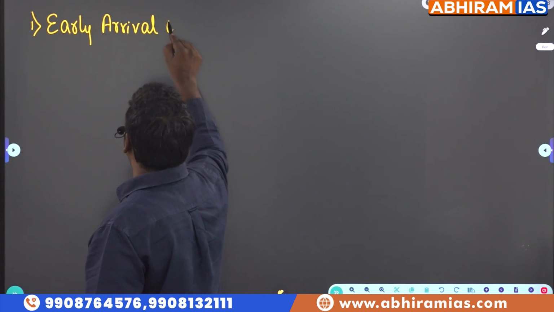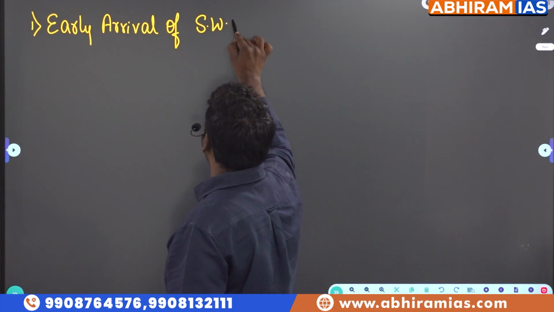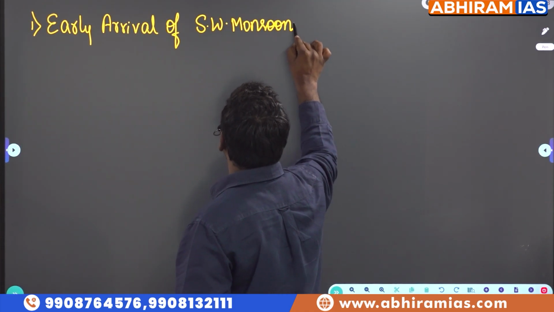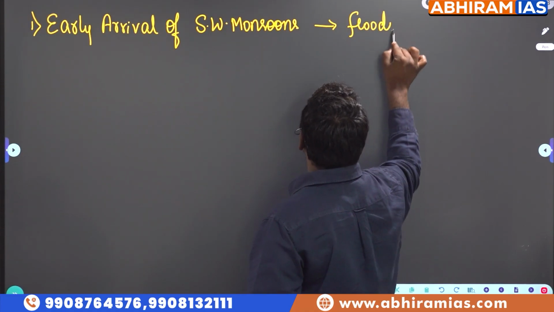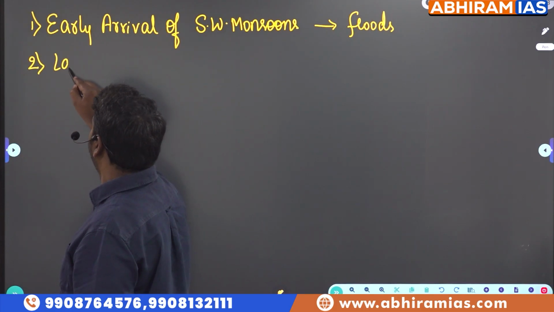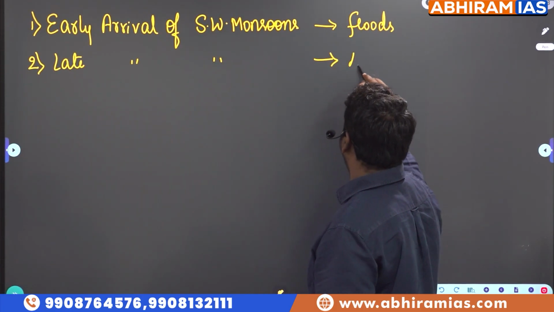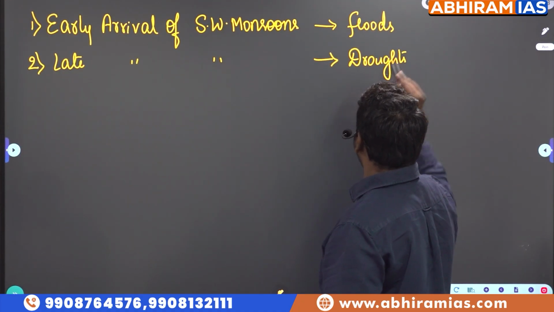Early arrival of southwest monsoons leads to floods. Late arrival leads to droughts.